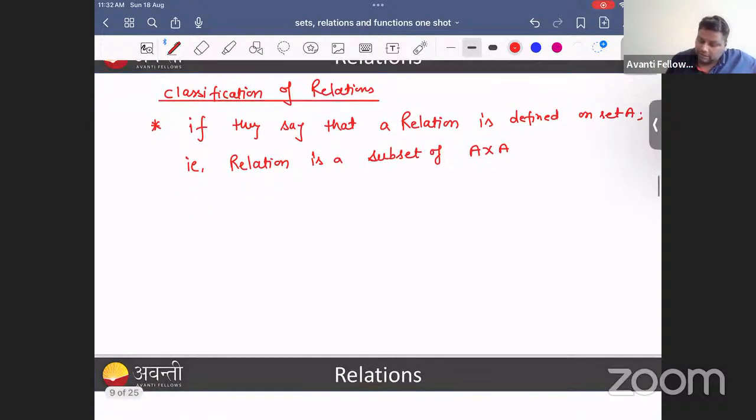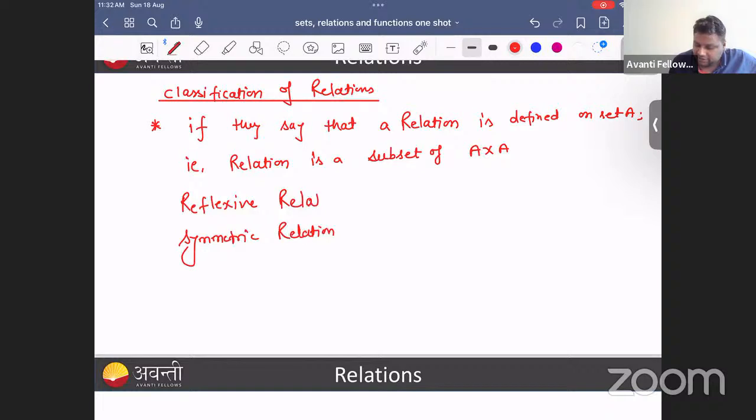Got it? Now, relations are of three types. Reflexive relation, symmetric relation, and transitive relation.